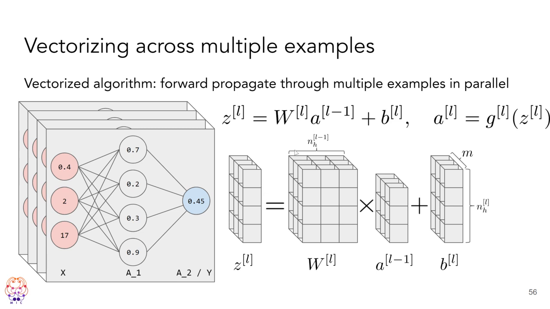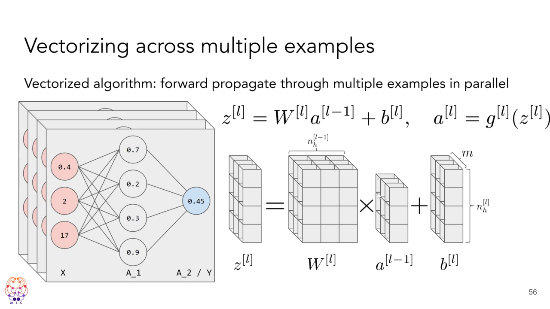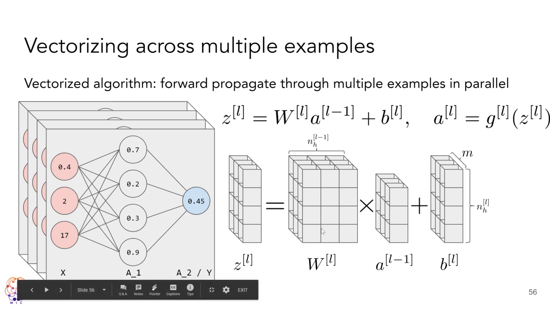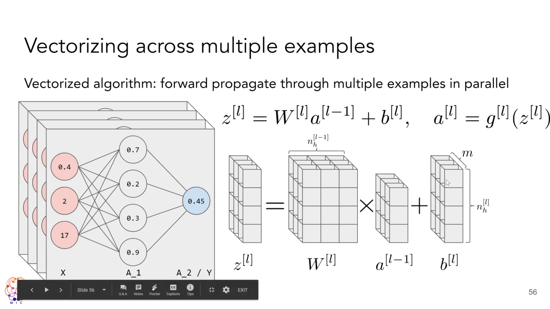Each entry would be the same for W, but each entry within A would be different, because A has values for each different example, but we are replicating W across all dimensions, so it's basically a copy of itself. So it is a weight matrix still that's copied over across multiple examples. And that same thing goes for B as well.